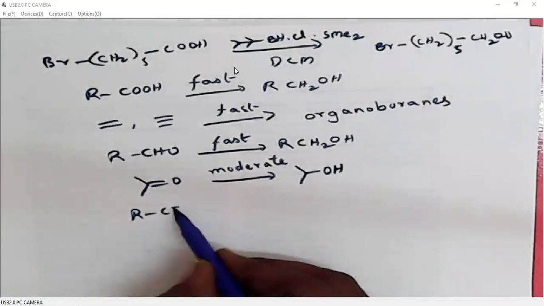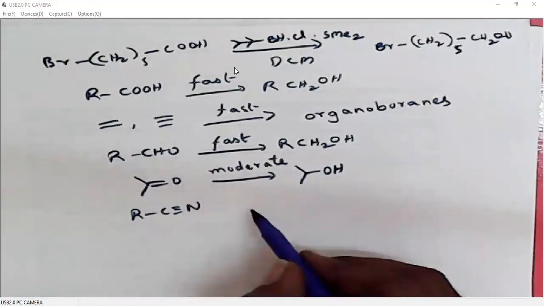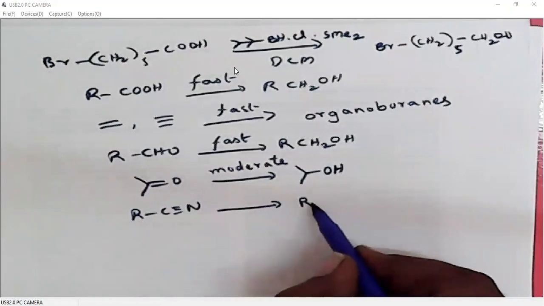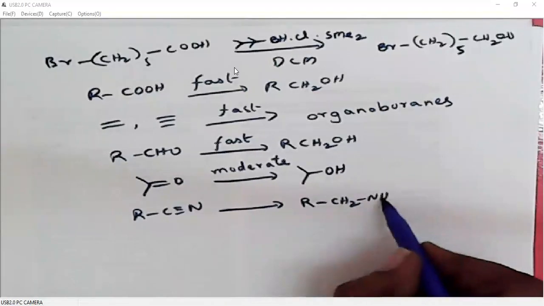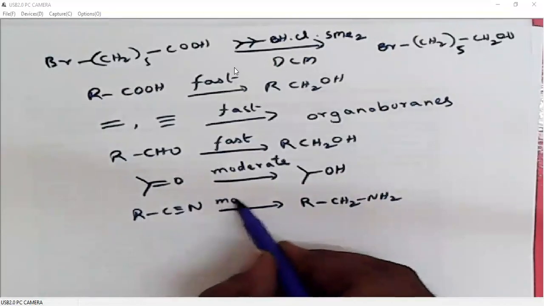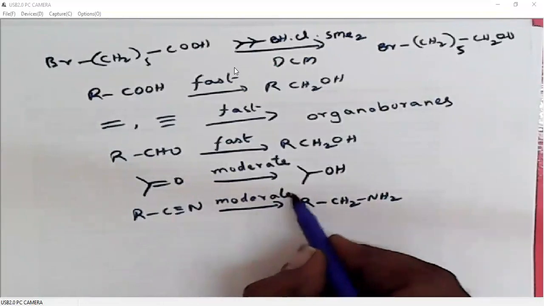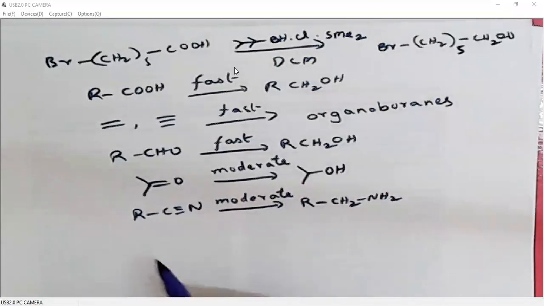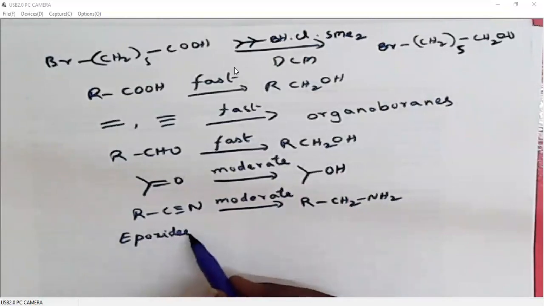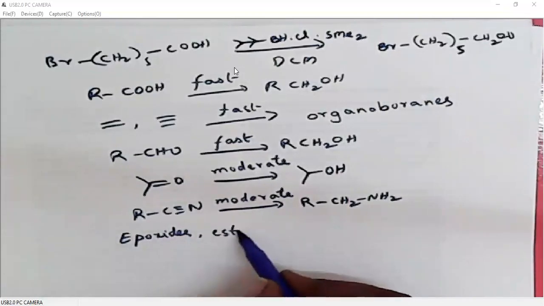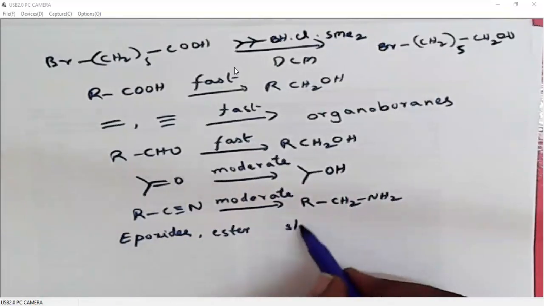Similarly, boron can also reduce the nitrile group, but here the nitrile will be reduced to amine, and again the reaction is moderate. That means it's a slow reaction. Then any other groups, epoxides, esters, the reaction is very slow.